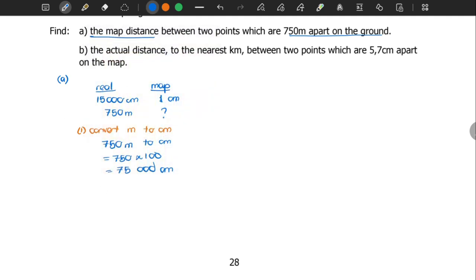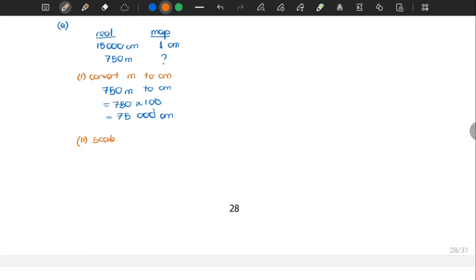So now we go back to the scale of what we have. So we know that the real and the map. On the real, when we have 15,000, on the map we have 1 centimeter. But now on the real ground we have 75,000.